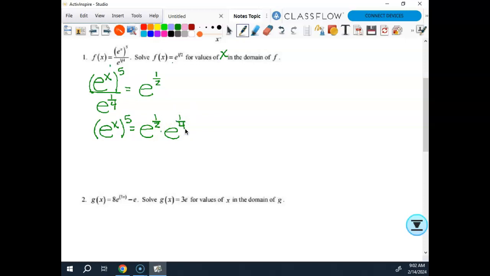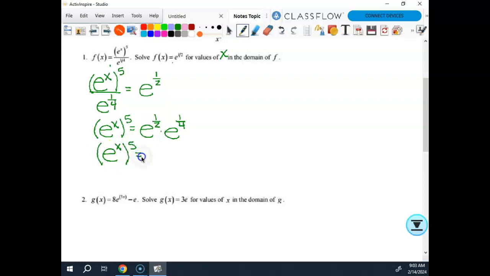Right. And could I make this on the left e to the 5x power? Yes, I just haven't, because I'm not sure if I want to yet, because there are different things that I could do with it. There's nothing wrong with doing that, but you don't want to do too much in one step in case you wish you hadn't, and then you have to go back and undo it anyway. So we're going to leave this as e to the x to the 5th.